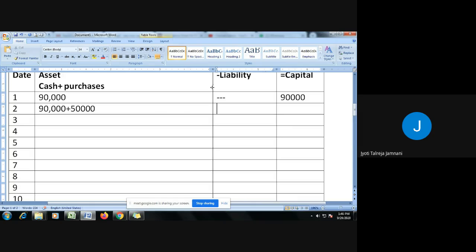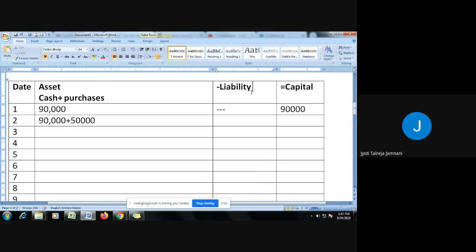Now this we have purchased on credit. So our first liability that comes into picture is creditors, and the amount is 50,000 because we have purchased it on credit. Okay, so 90,000 plus 50,000 is the total of your asset. From that minus 50,000, so the capital still remains 90,000.